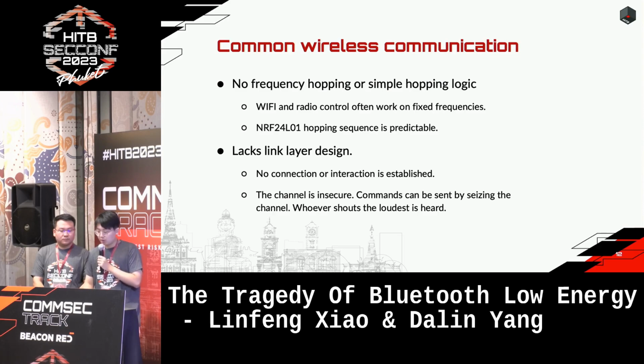For example, Wi-Fi typically works on fixed frequency bands, and car remote control keys typically work on 433 or 315 megahertz bands. And nRF24 does frequency hopping, but the hopping sequence is predictable.